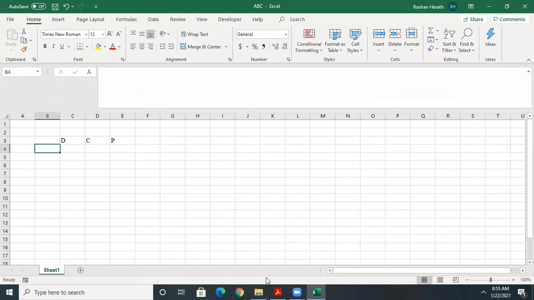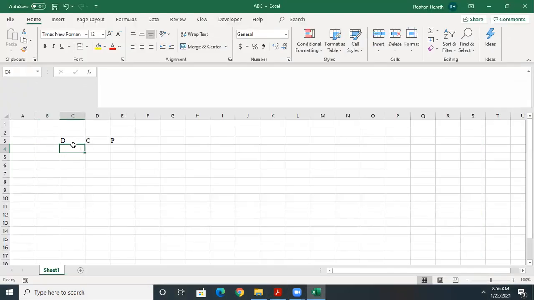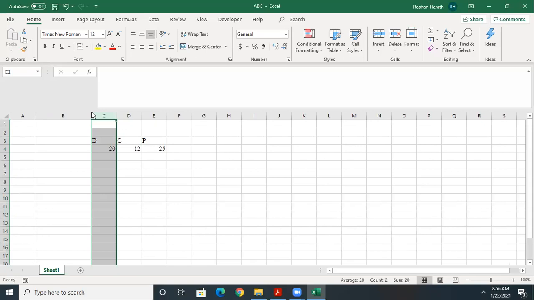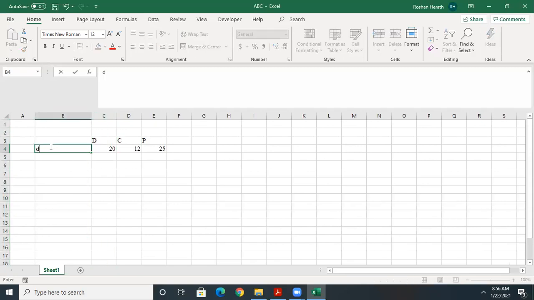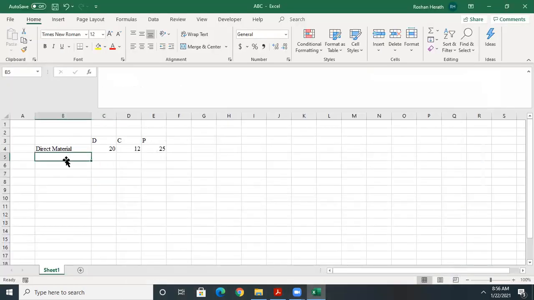Then the direct material information is given: 20, 12, 25. So that is direct material. Then you have the direct labor.